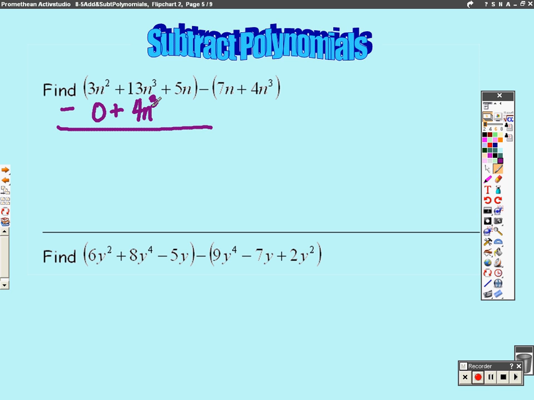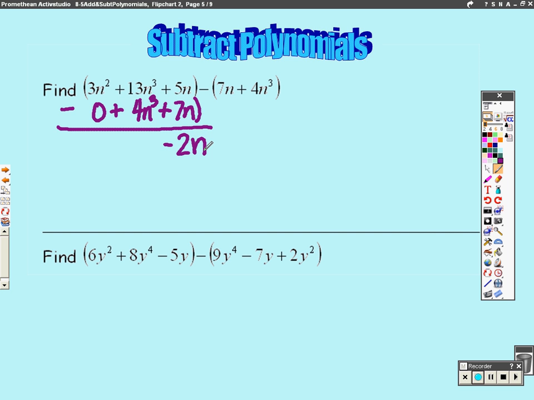And then we have 7n, which is positive. Don't let that negative sign out in front of the parentheses confuse you. There is no sign in front of the 7 inside the parentheses, so it's positive. Then I can go ahead and subtract, and I have 5n minus 7n, which gives me negative 2n.